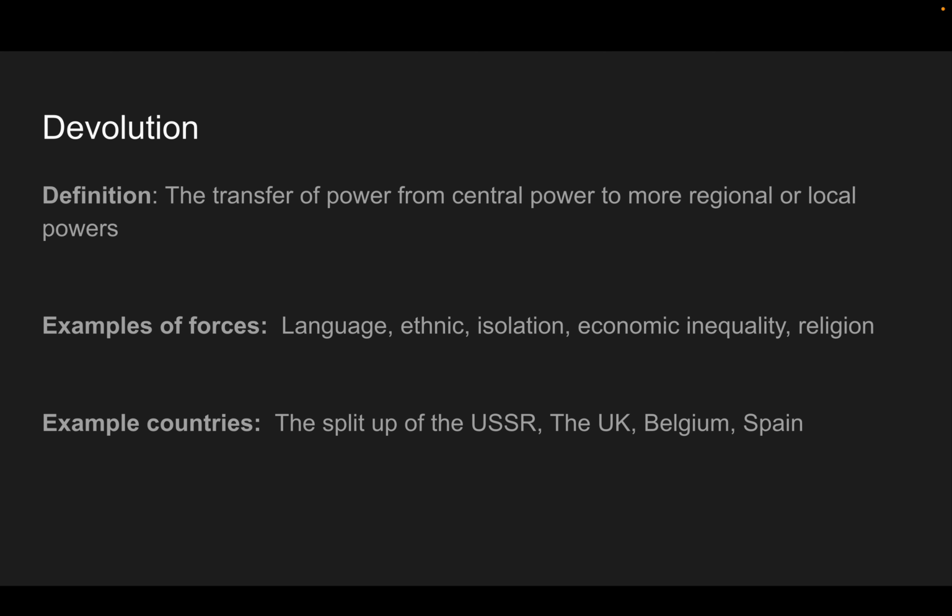Okay. Some examples. The UK has devolved some power to Wales, Scotland, etc. Like I said, Belgium. Spain has given some self-government to its regions, some are geographically isolated, some are linguistically and ethnically quite different, and see themselves as a separate nation from Spain.